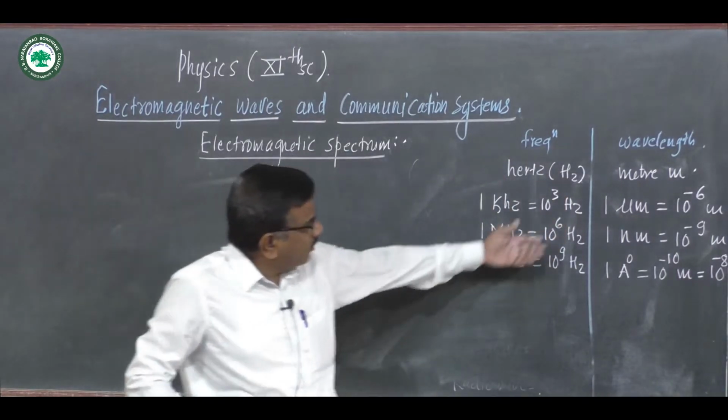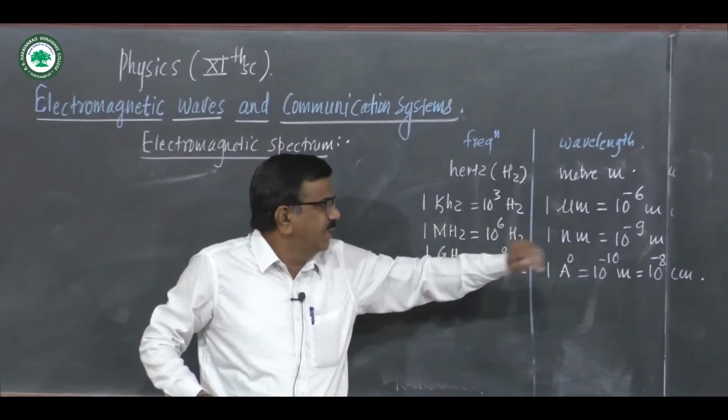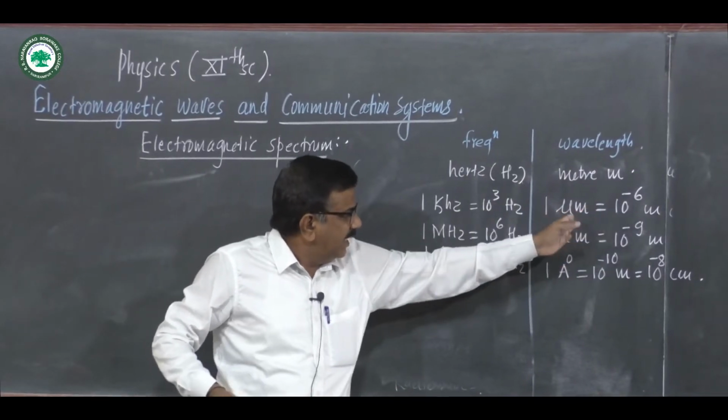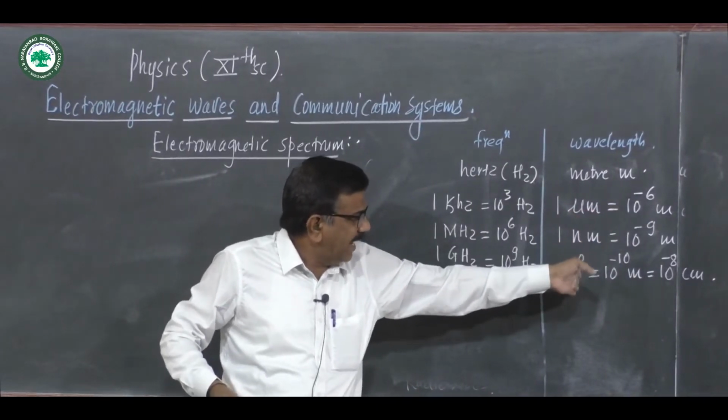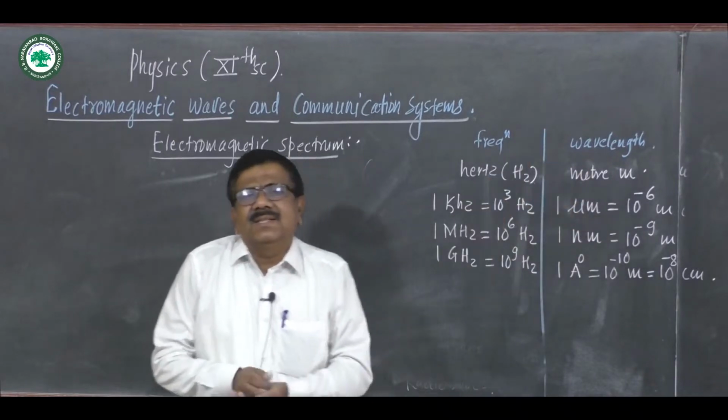These are some small units of wavelength. The SI unit is meter, and this is the conversion factor between micrometer, nanometer and angstrom unit with that SI unit.